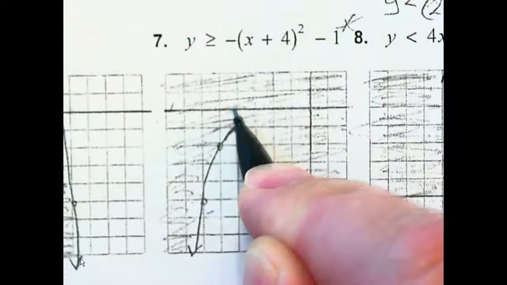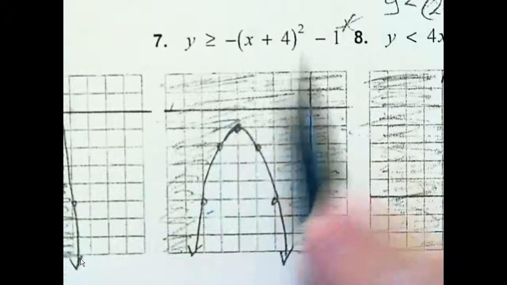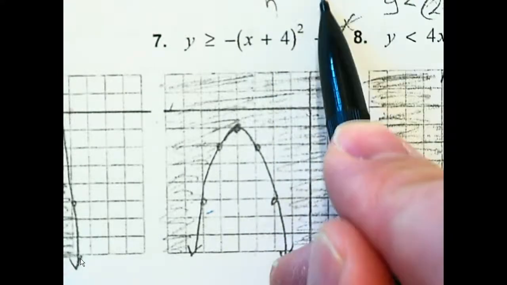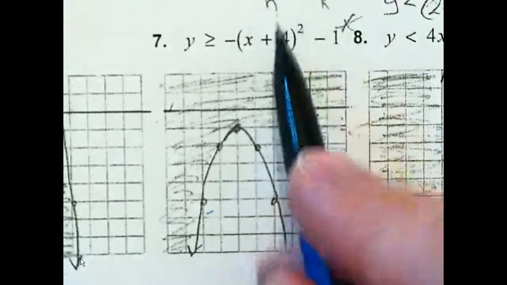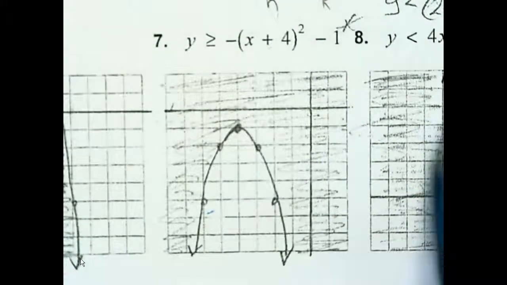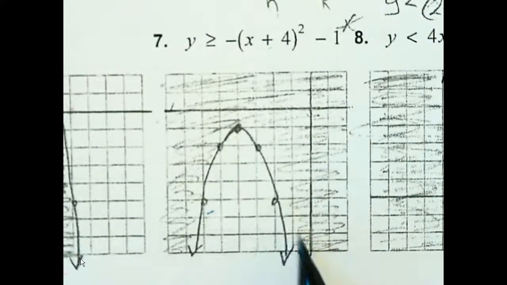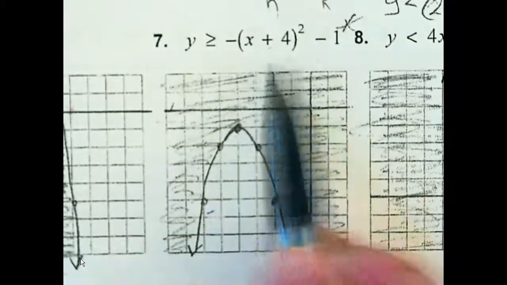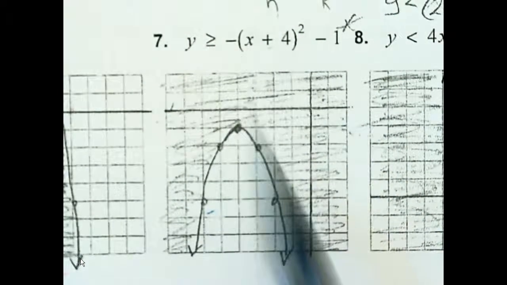So -4, -1, our h term, and our k term. Okay? So remember it's the opposite of that, or whatever makes that 0. And then from that, my y-intercept is going to be way down here. But notice y is greater than it, so I'm going to be shading up my line. If you tested 0, 0, it would give you a true statement. So that works out.